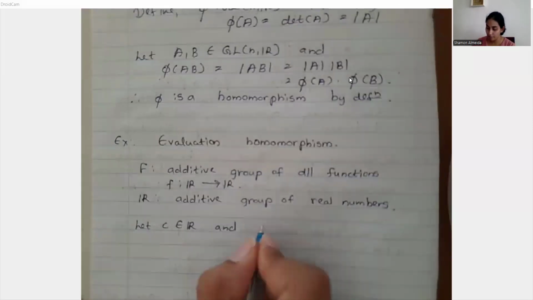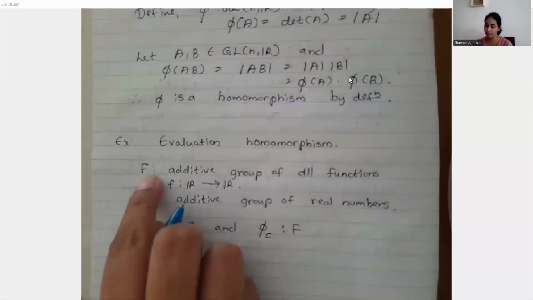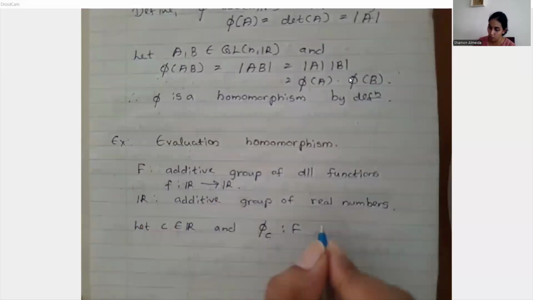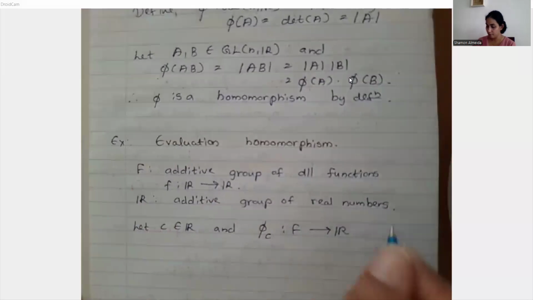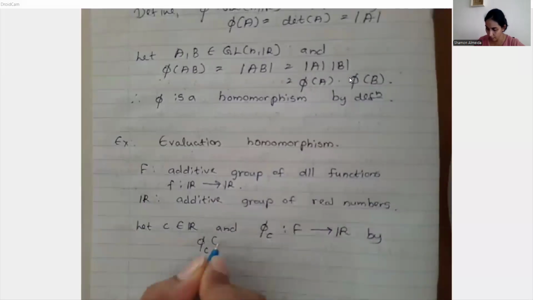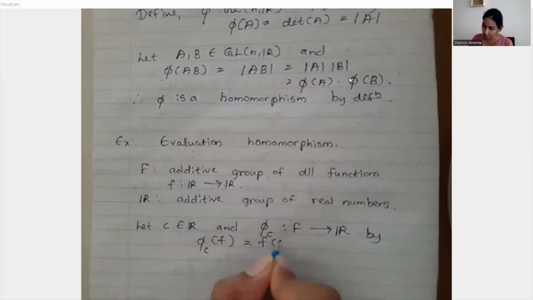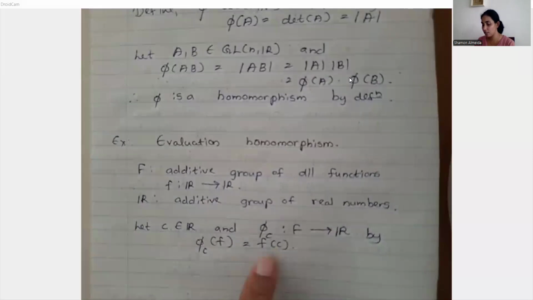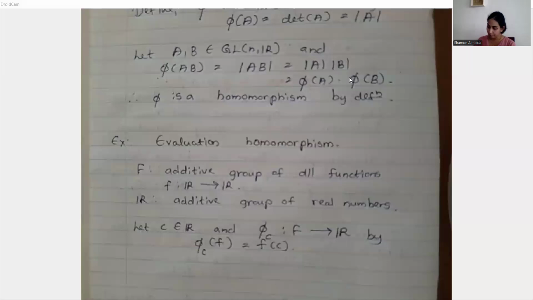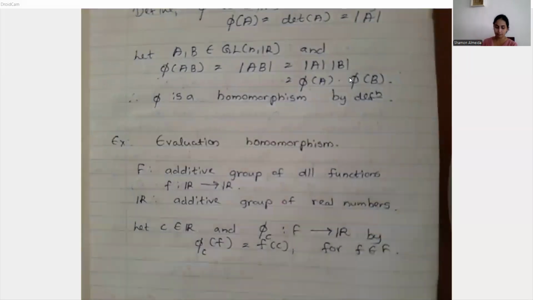we will define a map, define a function phi sub C from the group of real valued functions, the additive group of all these real valued functions, to R by phi C of f, a function that we take from here, to equal f of c, right? So we are evaluating this function at the point c. This is why we call this evaluation homomorphism, right? For f in F, right?